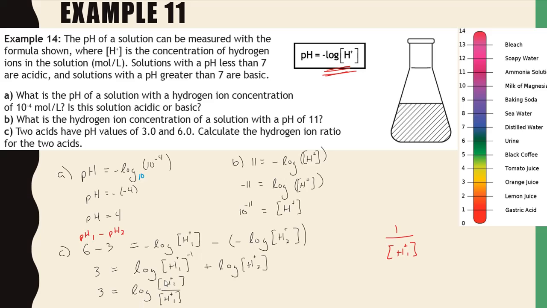Okay, so now we have our ratio of our concentration. And so from there, we can turn that into an exponential equation. So we get a base of 10. So 10 to the power of 3 equals H+ 2 all over H+ 1. Which means that 3 is about 1,000 times more acidic than 6.